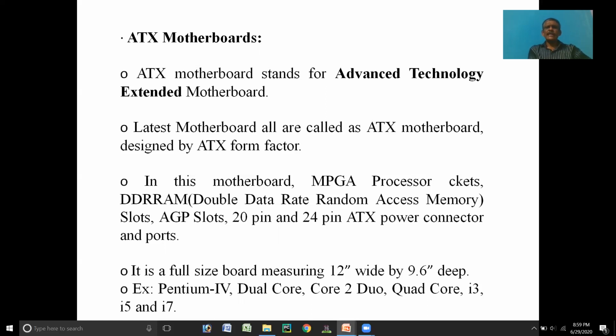It also contains AGP slots. Here AGP stands for accelerated graphics port slots. And these ATX motherboards have 20-pin and 24-pin ATX power connectors, and these motherboards have ports.